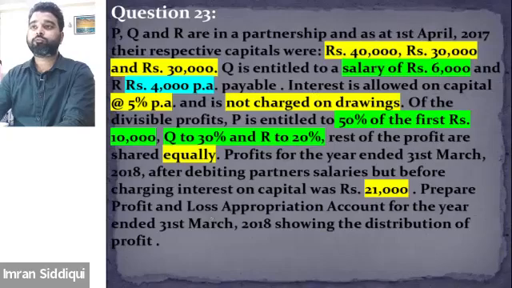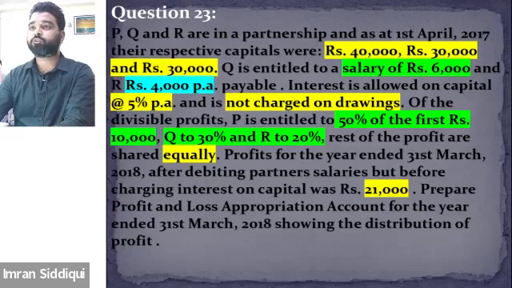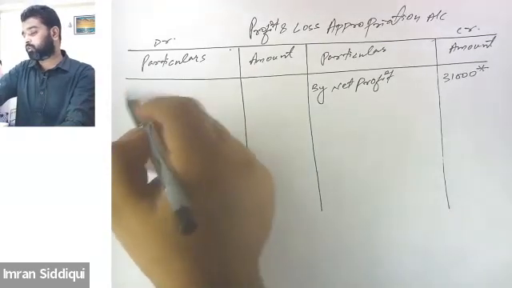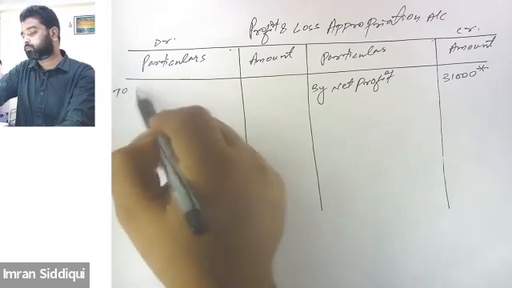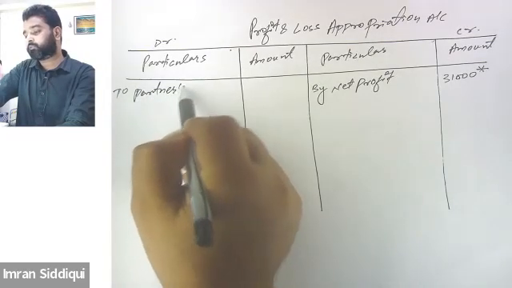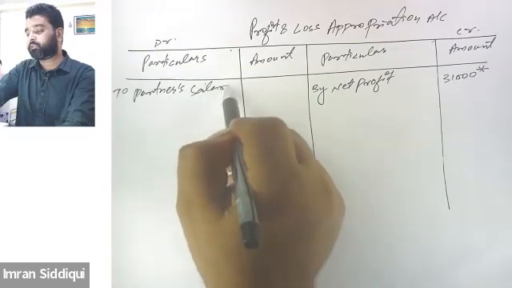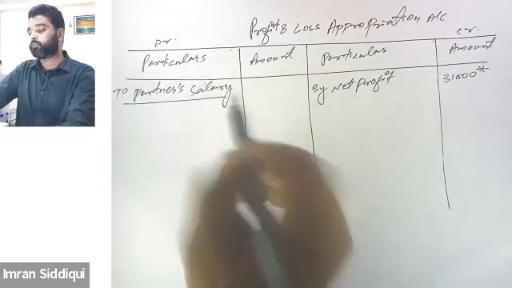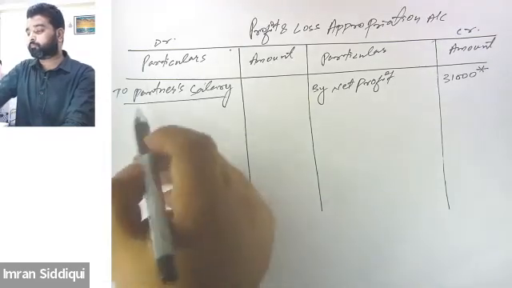Now we will record all the other transactions. See, Q is entitled to a salary of 6,000 and R 4,000. Now we can record this on the debit side as partner salary. Everyone is able to understand this now? Anyone having any problem? No, sir.